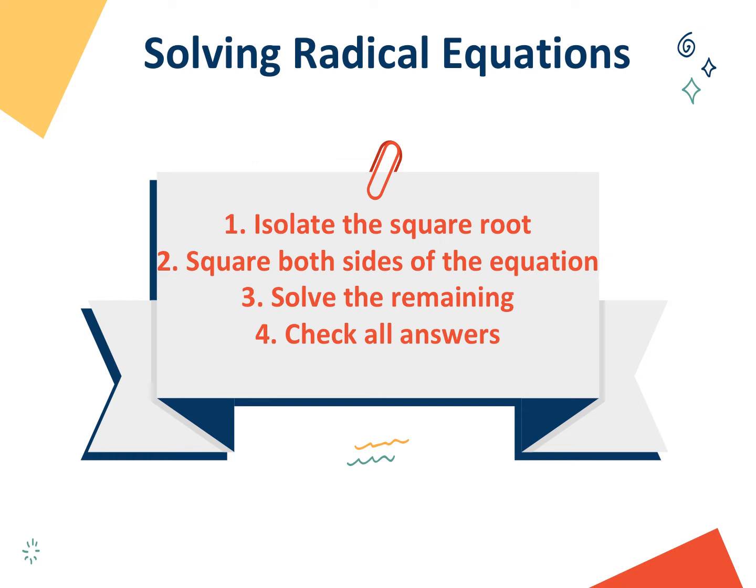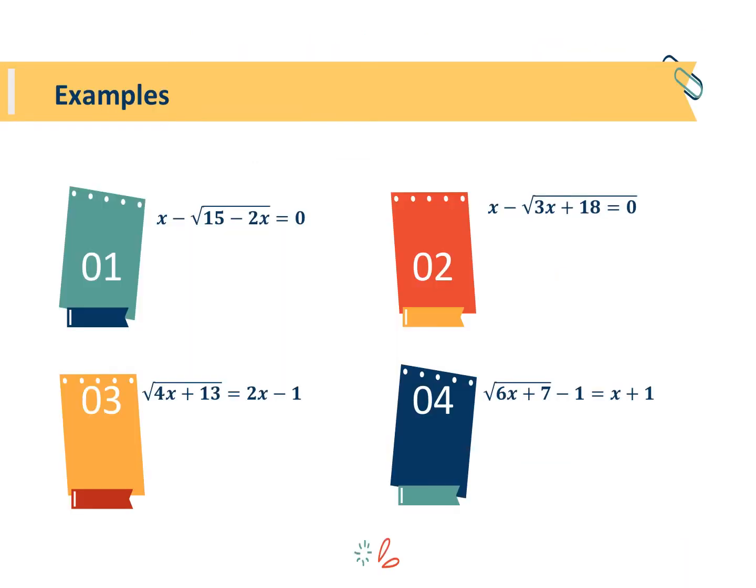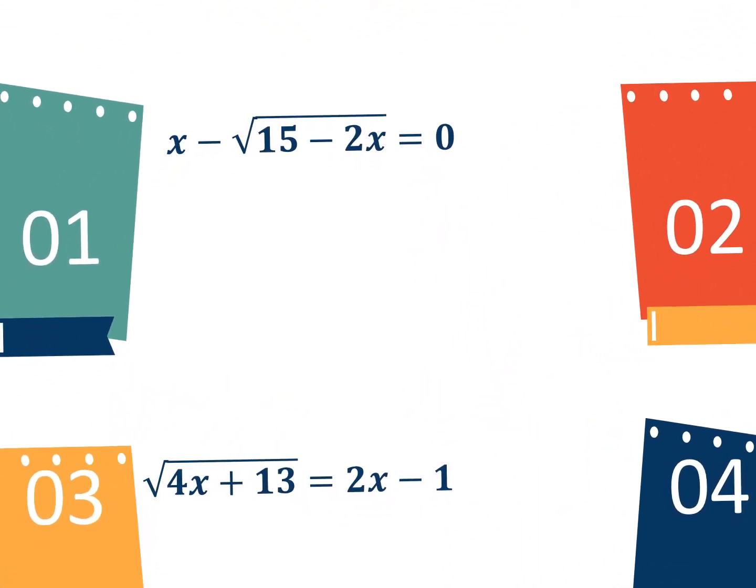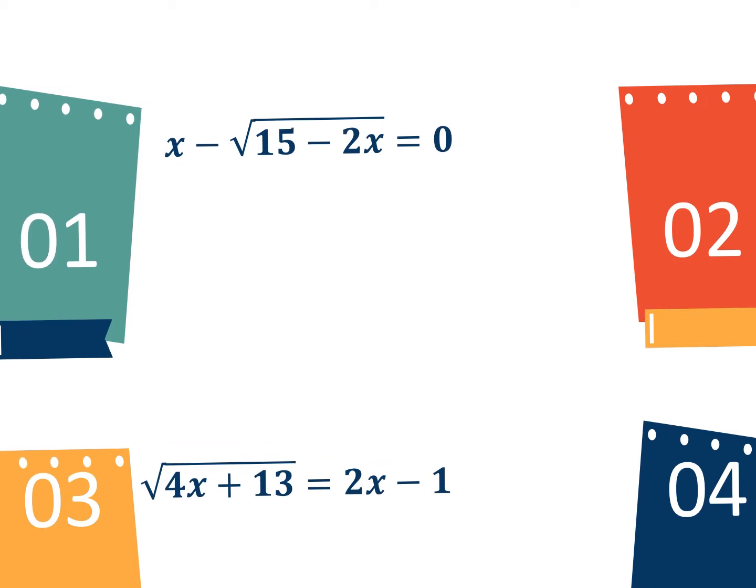So let's look at our first example. So again, step number 1 is to isolate the radical. Okay, so I'm going to isolate the radical. Now, what's going to be better for me, instead of moving the x and leaving the negative square root of 16 minus 2x, I'm going to move the radical to the other side so it becomes positive.